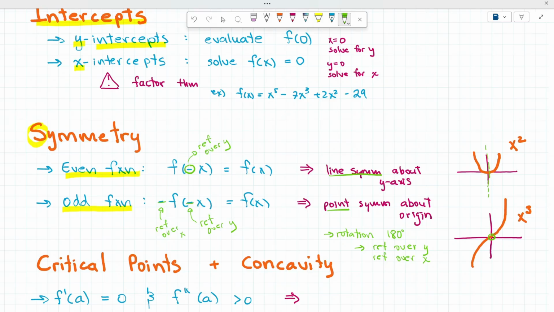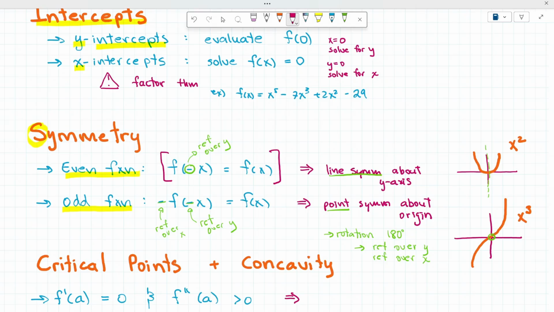So the one thing I want to make sure that you're aware of is that even functions are different from even degree polynomials, just like how odd functions are different from odd degree polynomials. Just because your polynomial might be an even degree does not necessarily mean that it's actually an even function, because in order for it to be an even function, it has to satisfy this mathematical criteria over here.